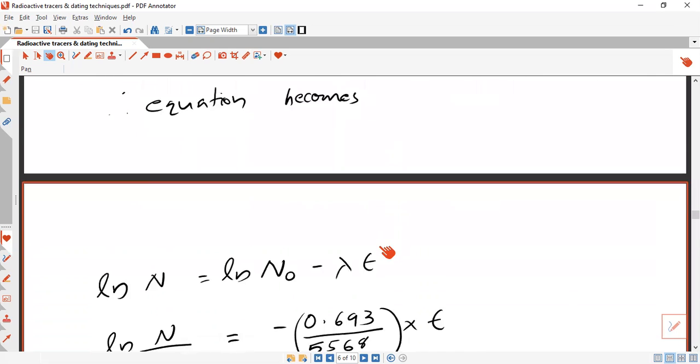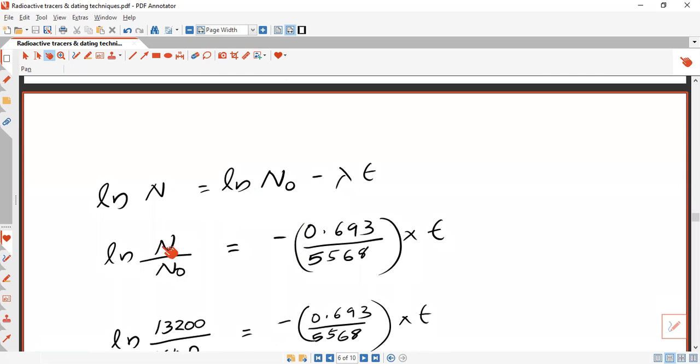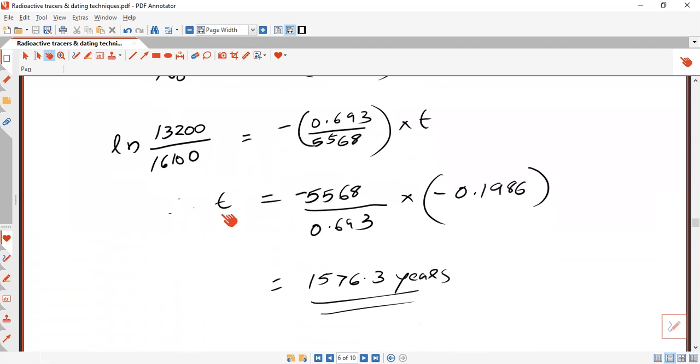Substituting these values in the equation ln N is equal to ln N0 minus lambda T, and rearranging, ln N by N0 is the ratio, so disintegrations per minute per kilogram cancel. So ln(30,200 by 16,100) is equal to minus 0.693 by 5,568 into T. Our aim is to find the time taken for decay, or the age of the sample.